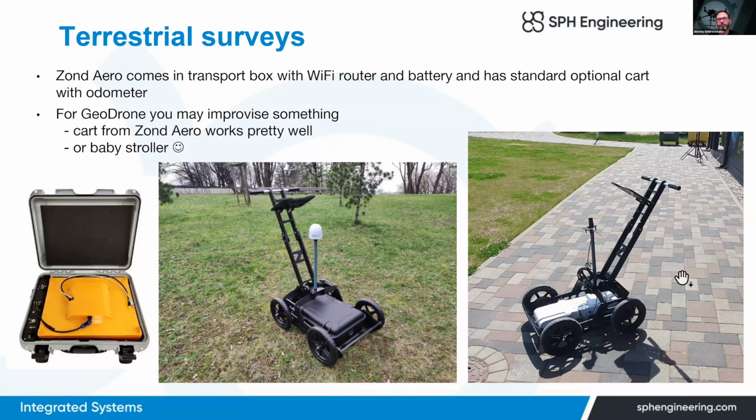So that's also an option. You can buy MALÅ GeoDrone and a cart from Zontaira, but you can improvise something, like use a baby stroller. It will also work. On one of my business trips, I used a baby stroller to use GPR on the surface.